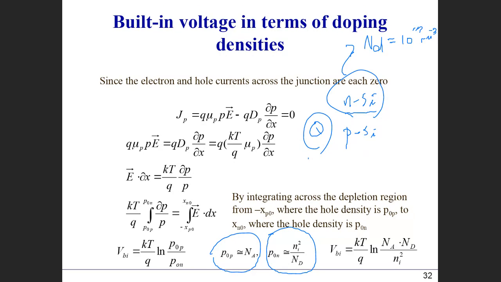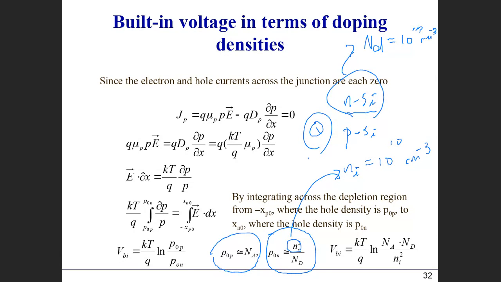If I ask you the number of electrons for this N-type silicon, your answer will be 10 to the 17. And if I ask you the hole concentration, then 10 to the 3, assuming Ni is 10 to the 10.